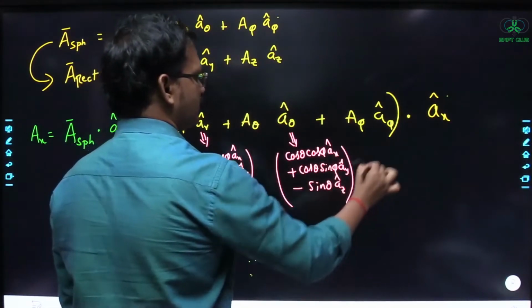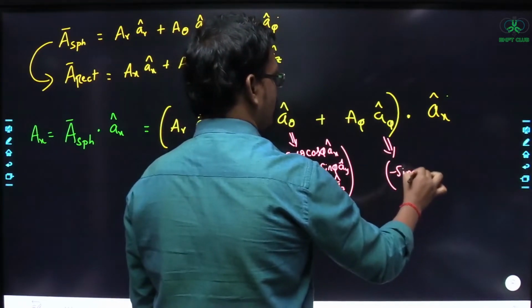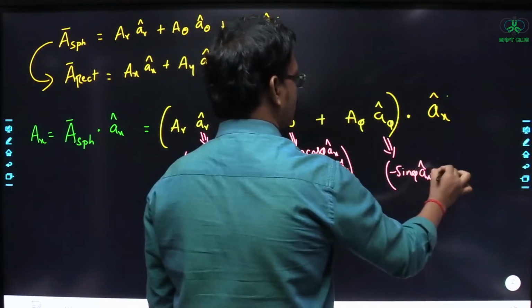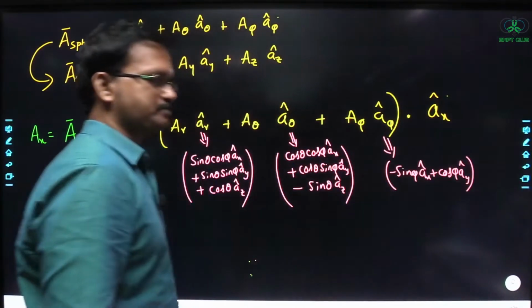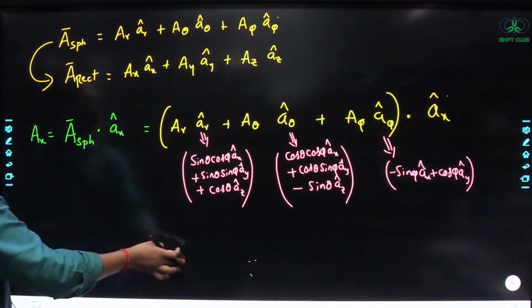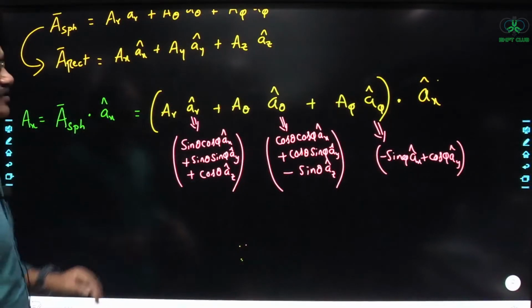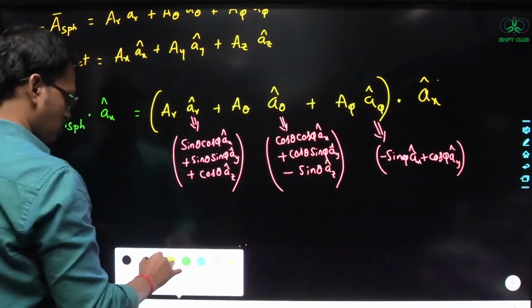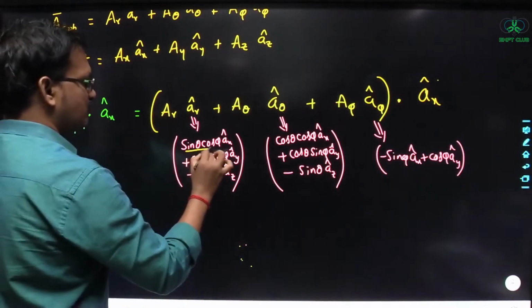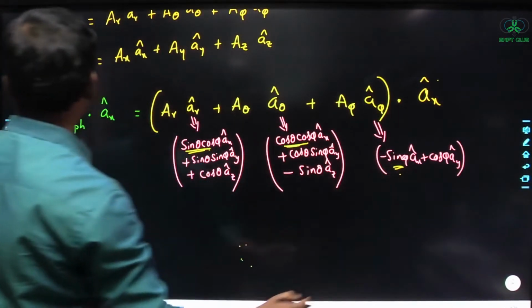And A phi cap is minus sin phi AX cap plus cos phi AY cap. If you want AX, do the dot product with AX cap, so multiply only the X components. Then you get AX.